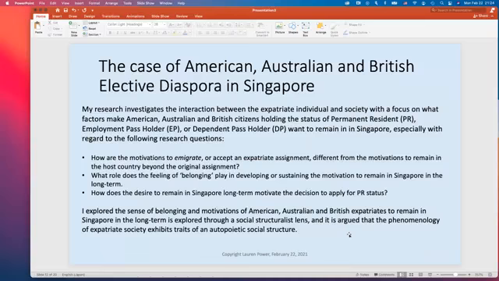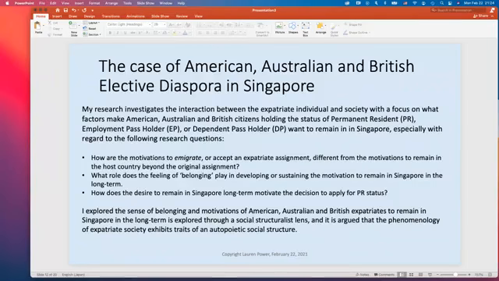So what's making them go? I was looking at primarily these three questions. I want to know what motivates global talent to transition from a short-term employment contract holder driven primarily by a specific career goal abroad to an immigrant with a desire to remain in Singapore in the longer term, with a particular focus on the role of belonging in that motivation and the role of attaining permanent residency as an outward manifestation of that motivation.